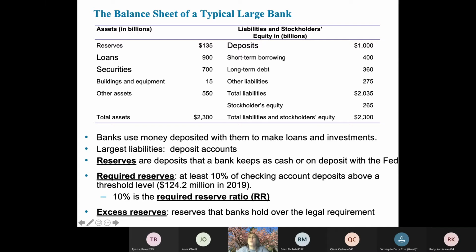So in this example, the amount of deposits is 1,000, all right? So if 10% has to be kept on reserve, then how much required reserves should there be on this balance sheet? 100, right? $100 instead of 135. So the 35 is actually extra reserves.